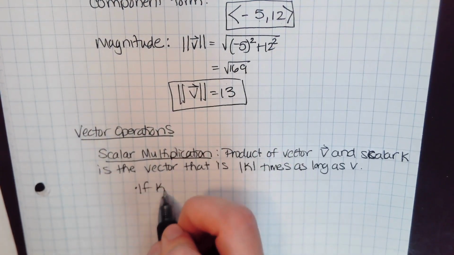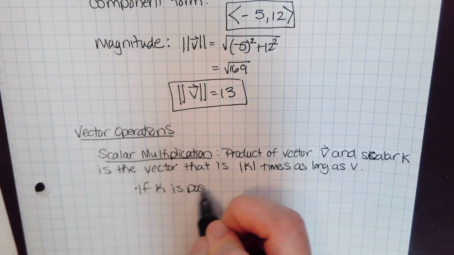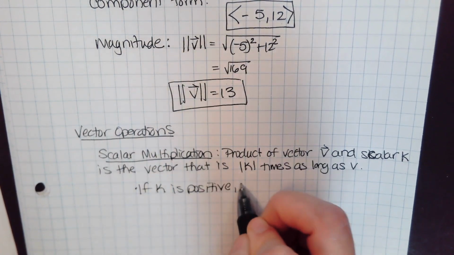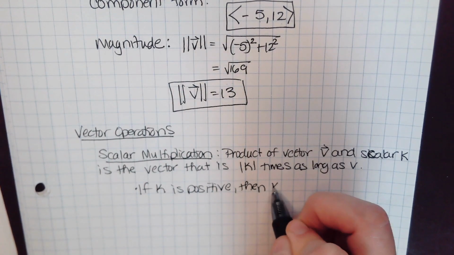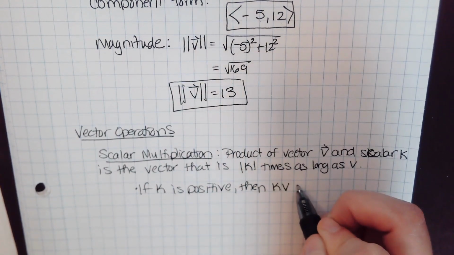Now, if k is positive, then when you multiply k times v, it will have the same direction as v.